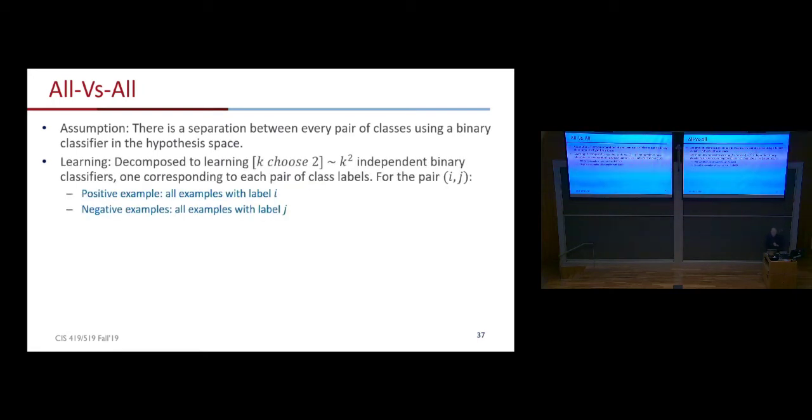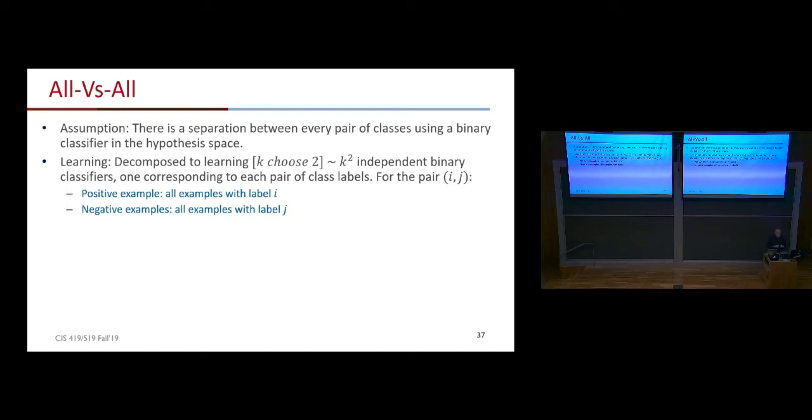So in this case, I'm looking at all pairs. So I'm looking at a quadratic number of classifiers. K choose 2, which is approximately K squared, independent binary classifiers. How do I learn here? I learn K squared times, as opposed to K times before.